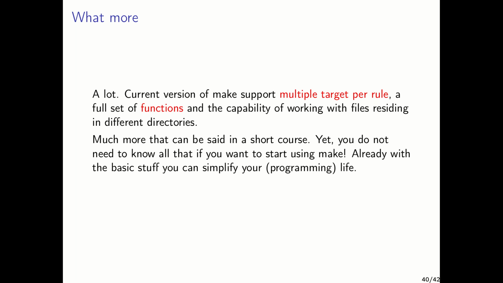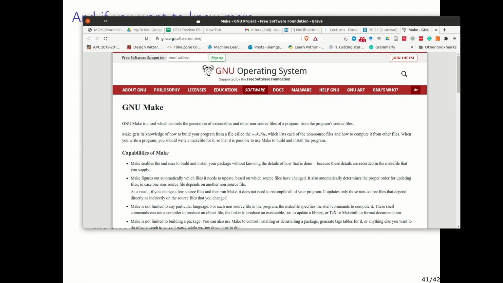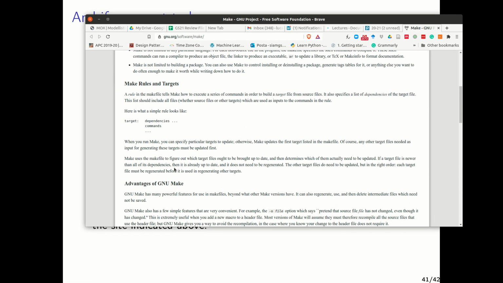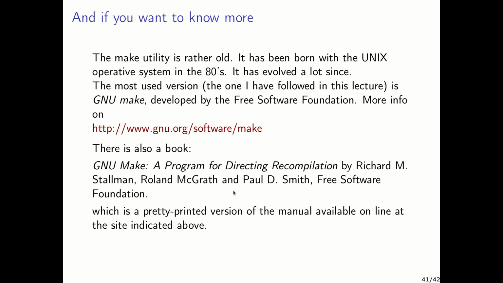Functions for working with files and adding different directories. It is all in the make manual. It's very well documented, and there is also a book that is actually a pretty printed version of the manual.